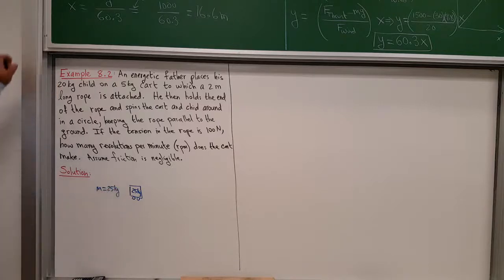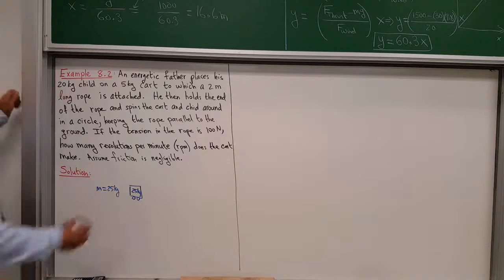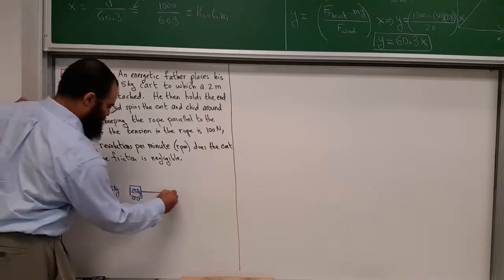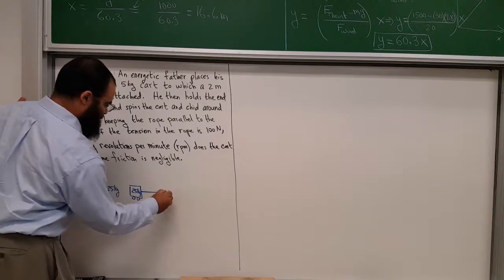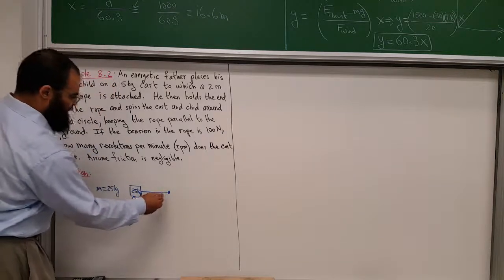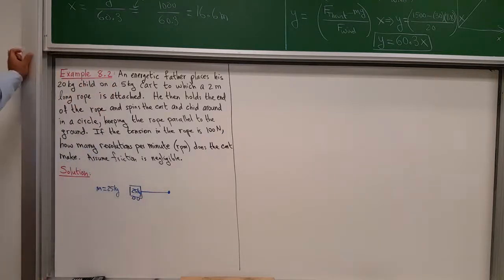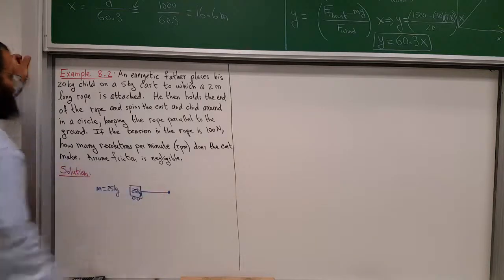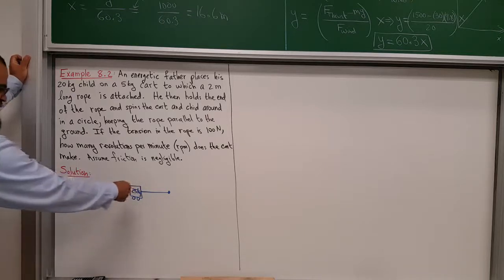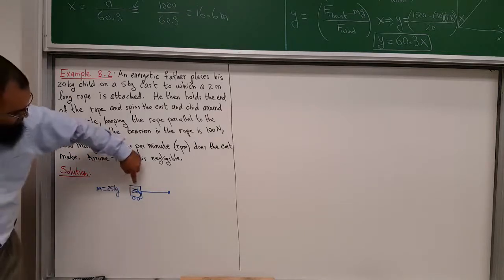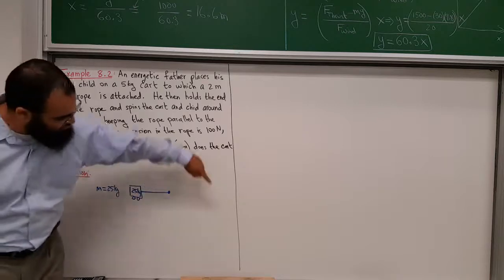Then it says a 2 meter rope is attached to this cart. So here is a 2 meter rope attached there. The father then holds the end of the rope. So the father is standing here and holding this rope, and then spins the child and cart in a circle. As you can imagine, the father is spinning them this way.